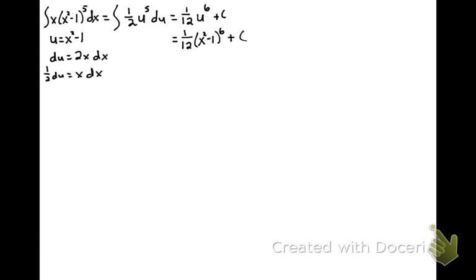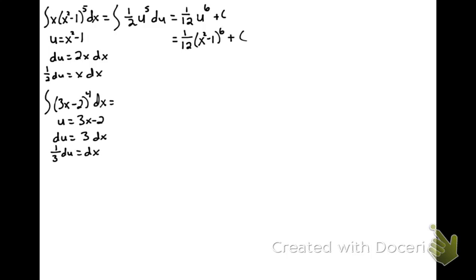Example 2, the integral of (3x minus 2) to the 4th dx. Let's go ahead and try this with u-substitution. We'll let u equal 3x minus 2. This means that du equals 3 dx, or 1/3 of du equals dx.